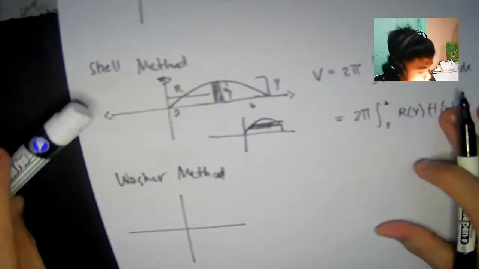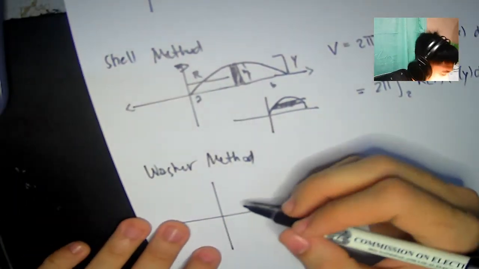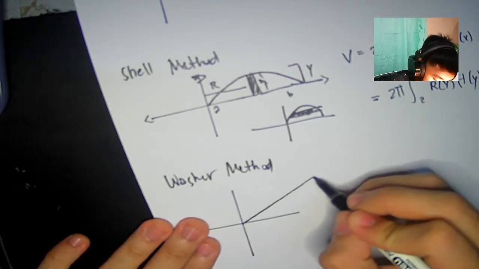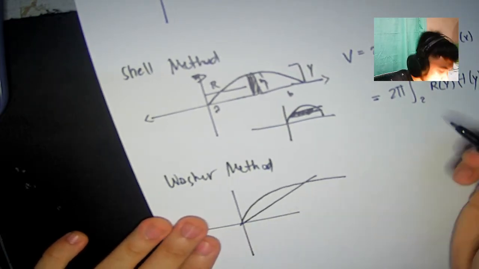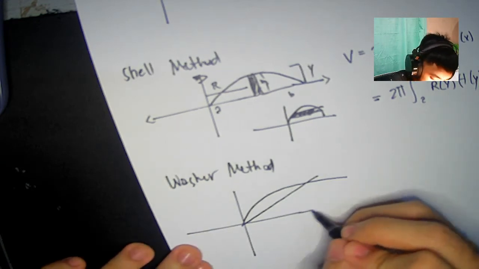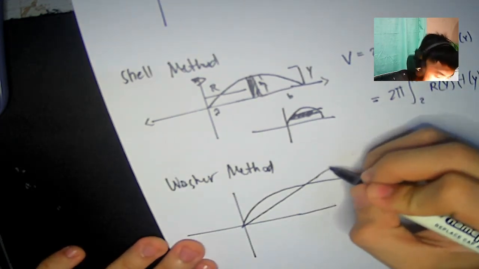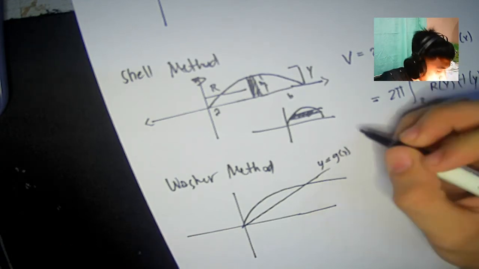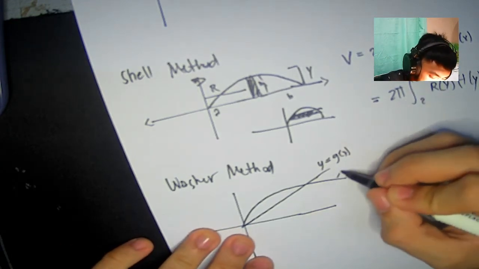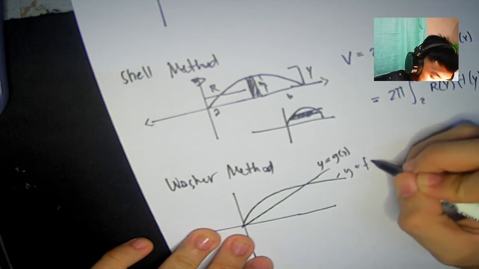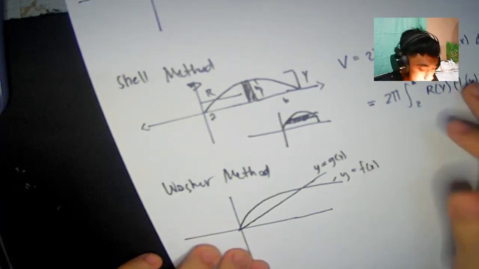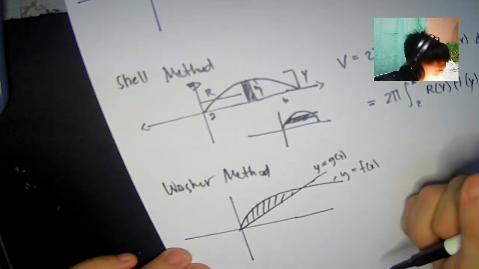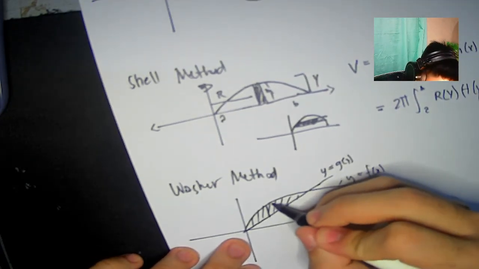Okay, so the washer method. Usually when you have the washer method, sometimes it looks like this. This is y equals g of x, and this one is y equals f of x. So for example like this, that is our function, and we'll have here our dx.